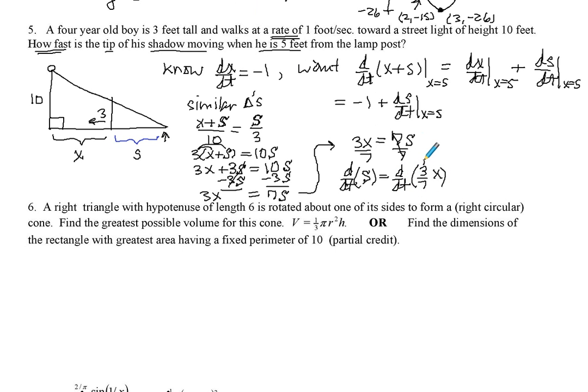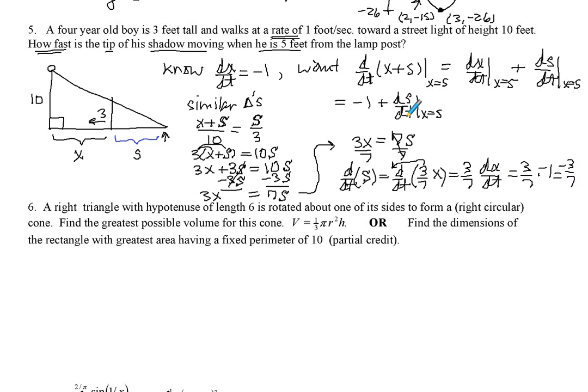Okay, but constants will factor out of derivatives, so this is the same as 3/7 times the derivative of x with respect to t, which is just another way to write dx dt. But we know dx dt. It's -1. So this is just 3/7 times -1, which is -3/7.